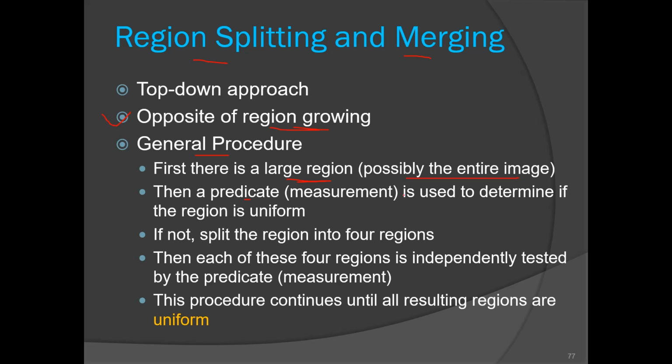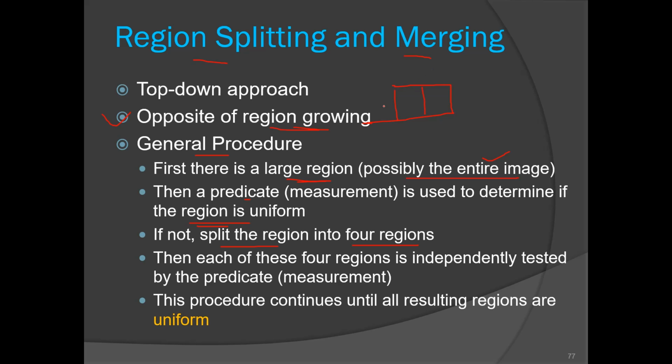Then the predicate is used to determine if the region is uniform. We define our predicate, and for the entire image we see whether it satisfies the predicate. If it is a uniform image, not containing anything, it will satisfy; otherwise the predicate will be false. And if not, split the region into 4 regions.